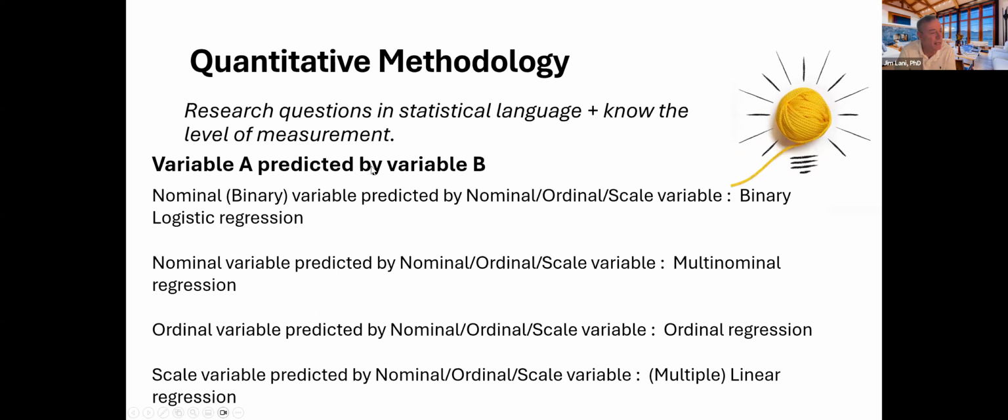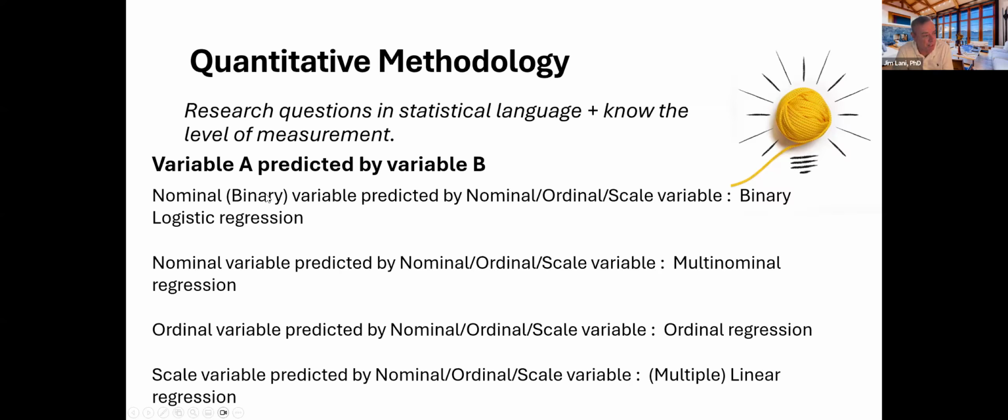Okay, once we're in any kind of prediction, does this predict that? Does this impact that? Any of that language, we are clearly in regression land. The key thing is what level of measurement the outcome variable, the thing being predicted, is.